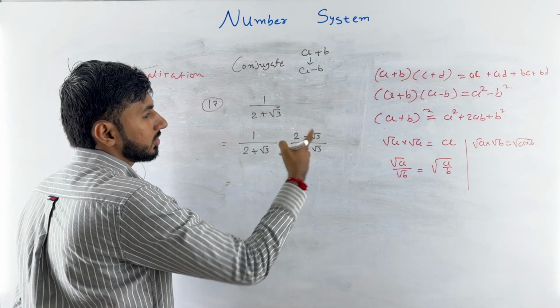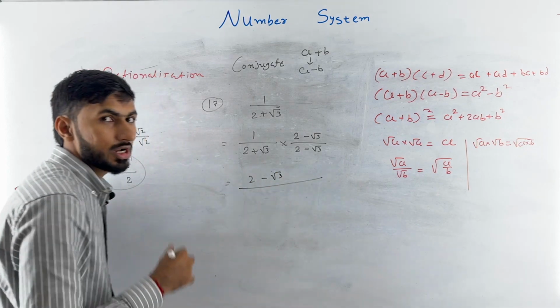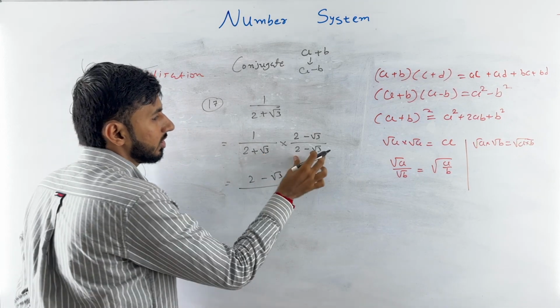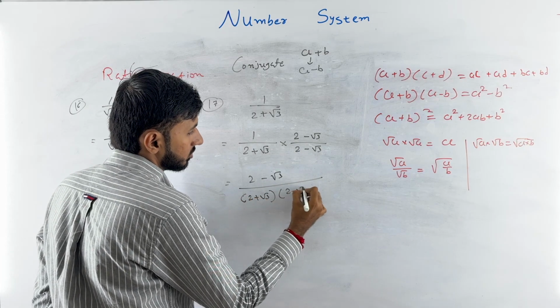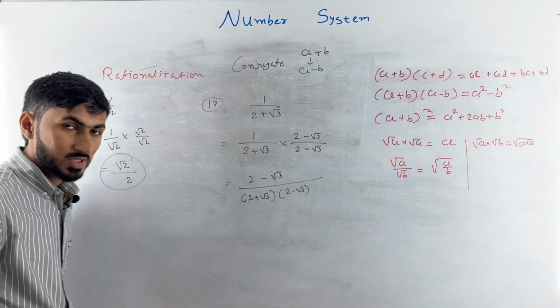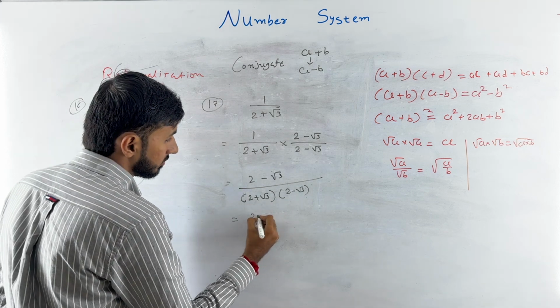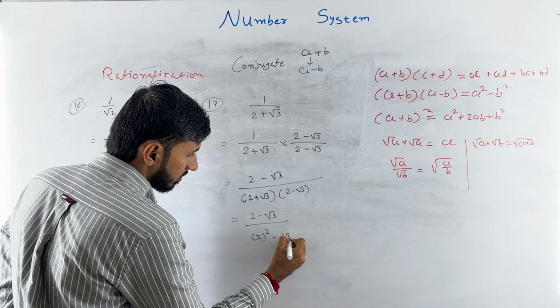If I multiply 1 with 2 minus root 3, the numerator will become 2 minus root 3. Now in the denominator I have 2 plus root 3 multiplied by 2 minus root 3. Isn't it in the form of a plus b and a minus b? So the answer of a plus b and a minus b will be a square minus b square, right?